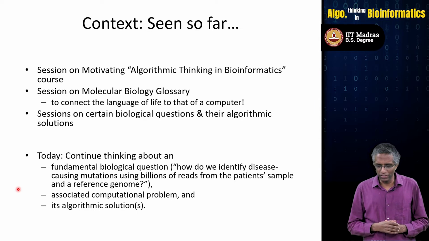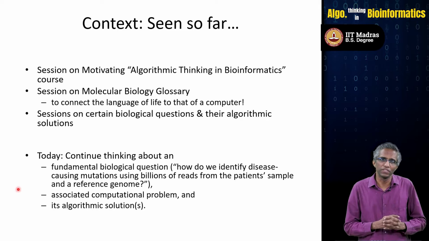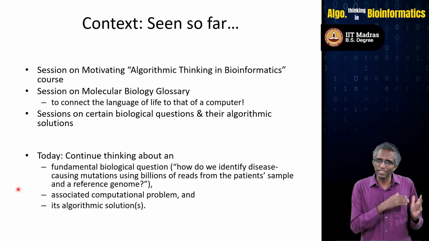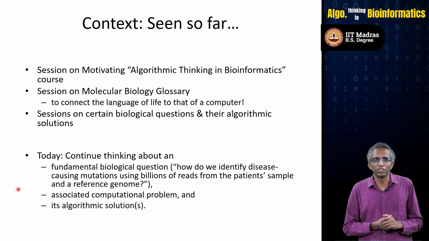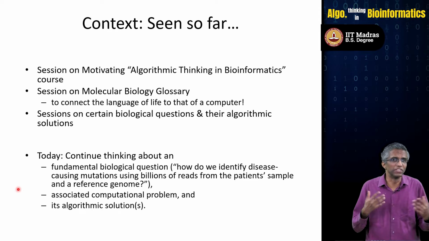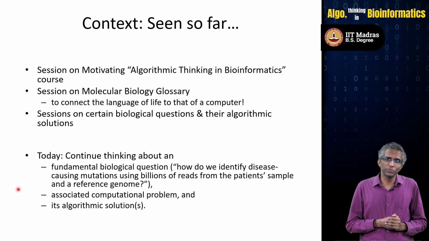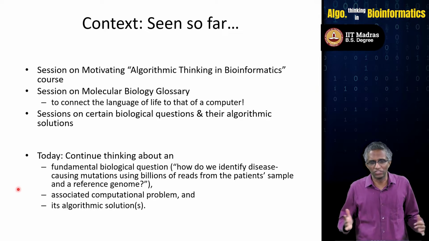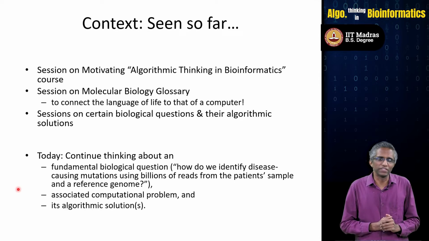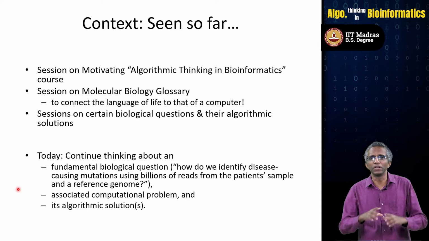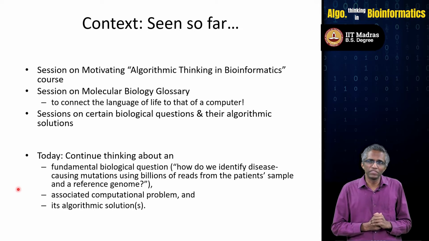A read is simply a sequence of DNA that is read by a sequencing instrument. Today we will think about this question of how we identify disease-causing mutations in a particular patient's sample. These sequencing instruments will generate millions or billions of reads from this patient sample, and we will have to identify disease-causing mutations, but now we don't have to do it from scratch, unlike in the problem of assembly of genomes, where we had to build a large De Bruijn graph and find Eulerian paths in that graph.